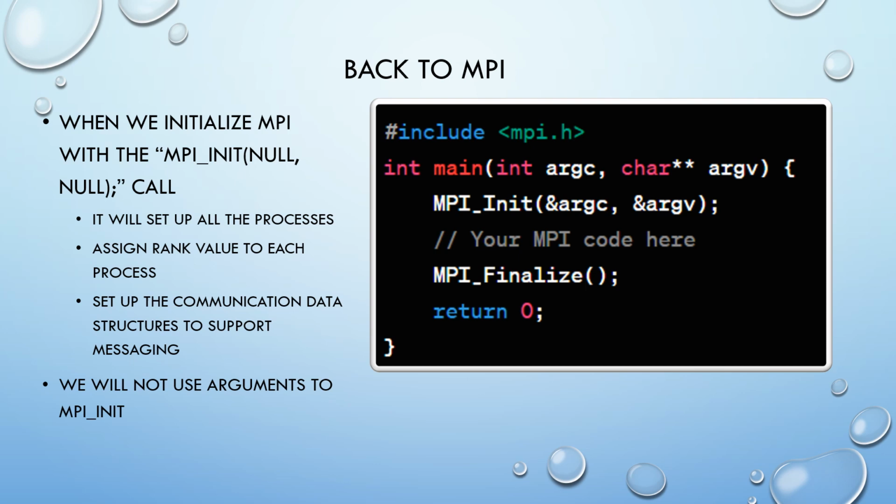When we initialize it with the MPI init, the things that happen in the background are we set up all the processes. The MPI will assign a rank value to each process. We can find out what it is. I'll show you that in just a minute. And it sets up all the communication data structures that are there to support messaging between the processes. We're not going to use any arguments, as I mentioned before.